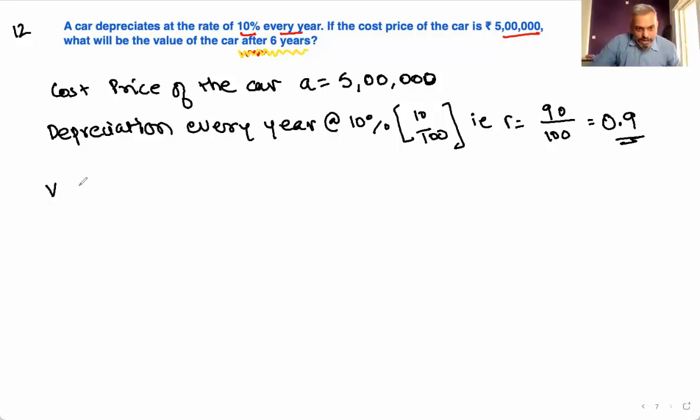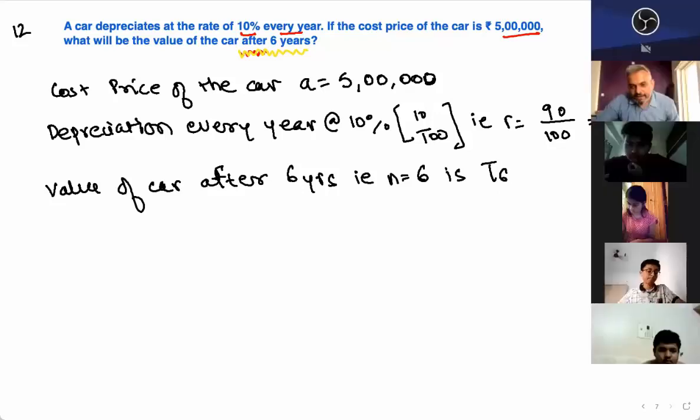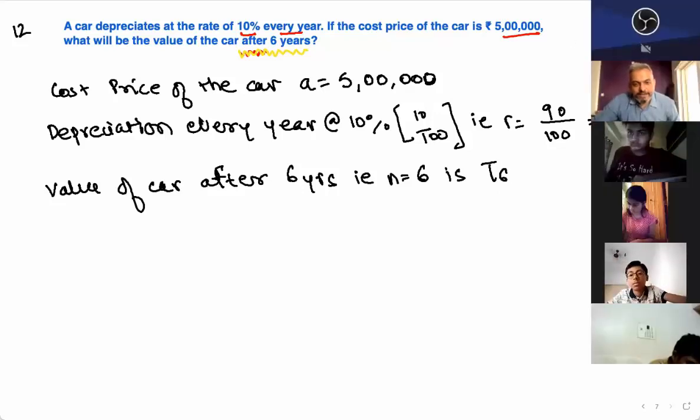Value of car after 6 years, that is n is equal to 6, is T6, T6, T6, T7.